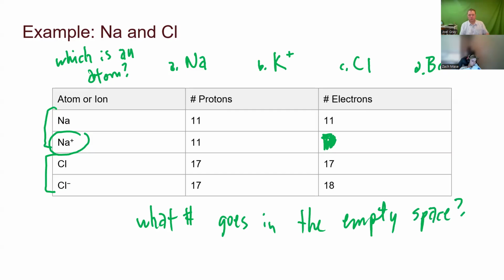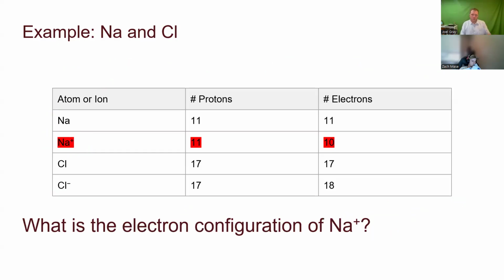And then you just have to select, oh, well, I'm going to use this because it's got a lettered symbol plus a charge. Okay, so that tells me how many. Well, it's positive. If it has 11 protons, then since it's positive, it must have 10 electrons. Now, with that in mind, let's think about the electron configuration of this. What is the electron configuration of Na plus?